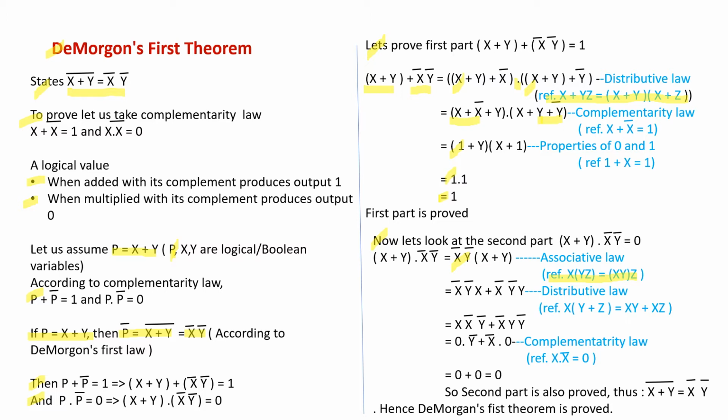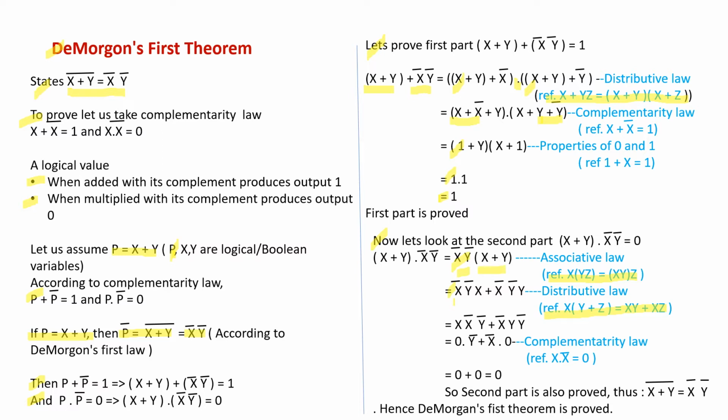And we are going to apply the distributive law, whose reference statement is given: x and (y or z) can be written as (x and y) or (x and z). Here x complement and y complement can be kept as x, and within the brackets we have x and y. So that is written in this form using the distributive law statement.